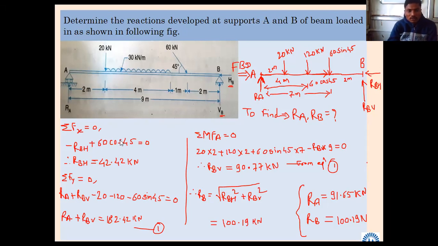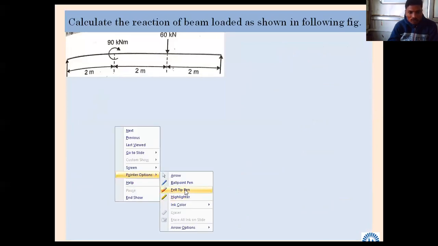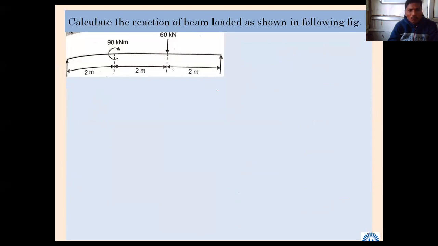Okay. Shall we go next? Yes, sir. Again, same case as the earlier problem. The beam may look tilted, but while taking the photograph it is going that way. Simple problem. Just check what we are supposed to find. Calculate the reaction of the beam.